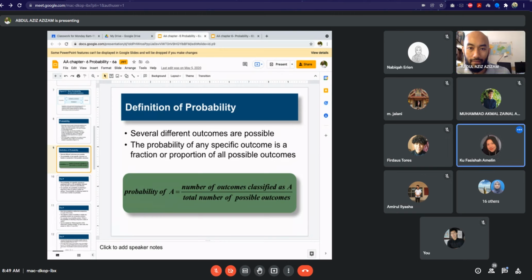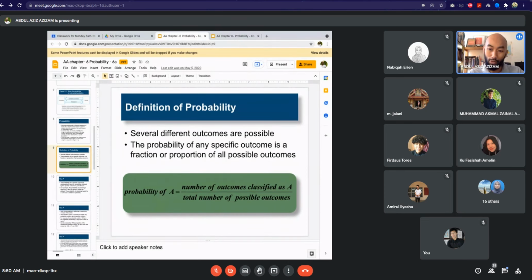Kebanyakan kalian ni banyak sih. Either it's 50-50. Okay, but when you run it, kalau you duduk saja tak ada buat apa, kalau you nak buat TikTok saja, ini benda yang paling lebih penting. For example, you toss it, so you get the picture, you get the number. Okay, first toss, you tulis number. Second, you dapat picture, you tulis.